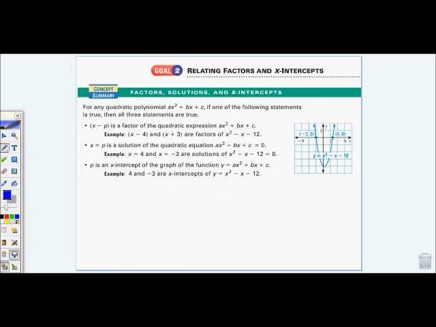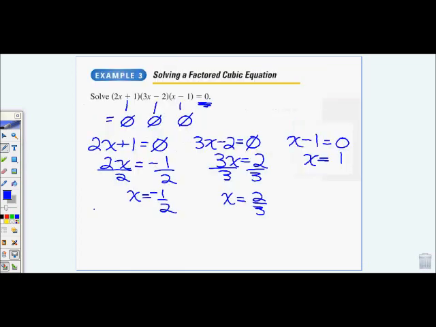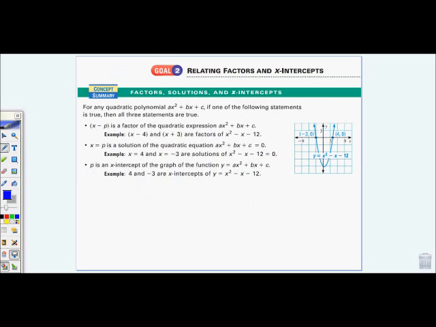Let's go to relating those factors with the x-intercept. Because each one of these expressions we're solving for x, we used to always find the y-intercept, and now instead we will find the x-intercept. If we're looking at a quadratic polynomial, if one of the statements is true, then all 3 statements are true.